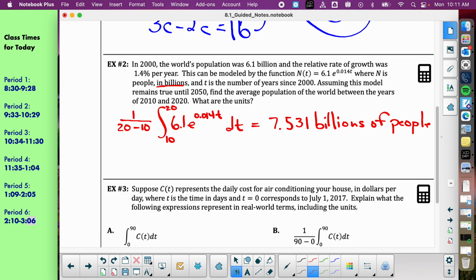We could do it by hand, but it would take a long time for no extra purpose. So usually the by hand portions of the test are something that can go quick. This one would just go slower if you had to do it by hand because of all the different decimals and things. So you would just set the equation equal to that, solve them however you prefer to.